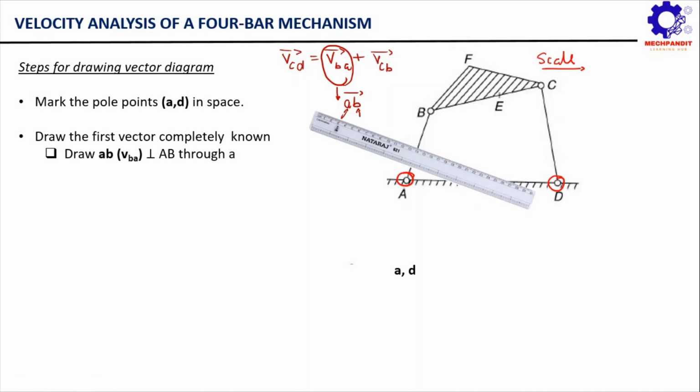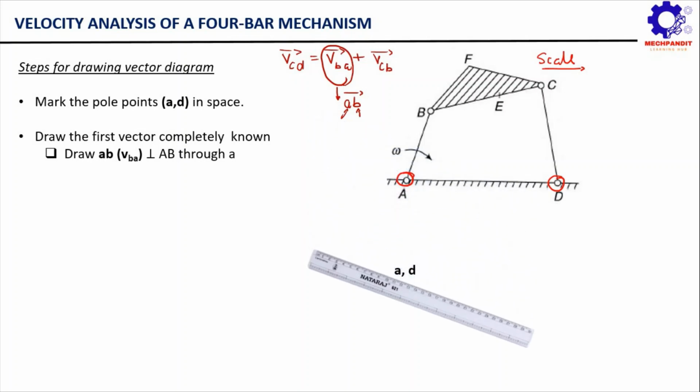So you keep your scale perpendicular to this side AB, and then you simply drag this scale to this point A. Once you have done that, you simply mark the length on the scale which is equal to the magnitude of this VBA vector, and you simply draw a line AB, something like this. So now your vector AB is complete.